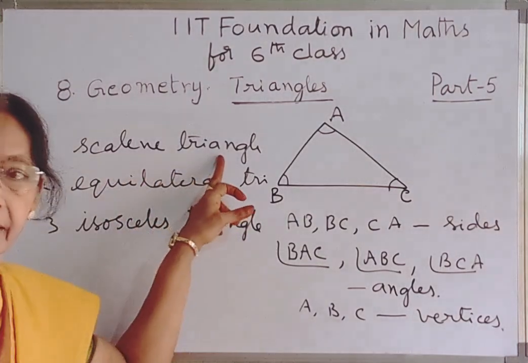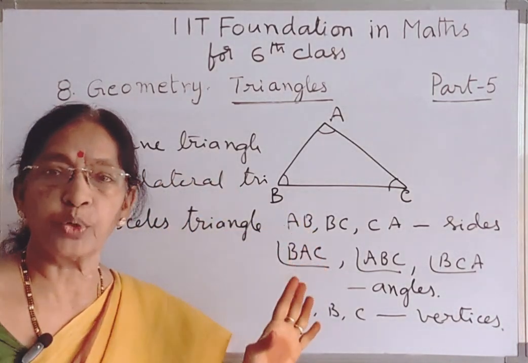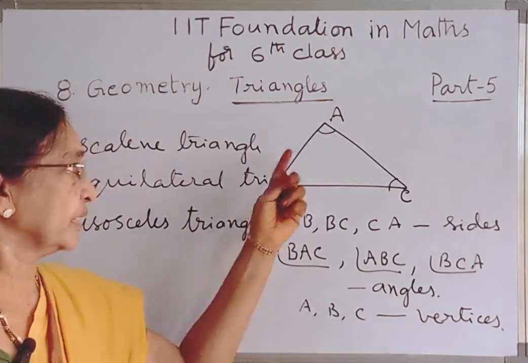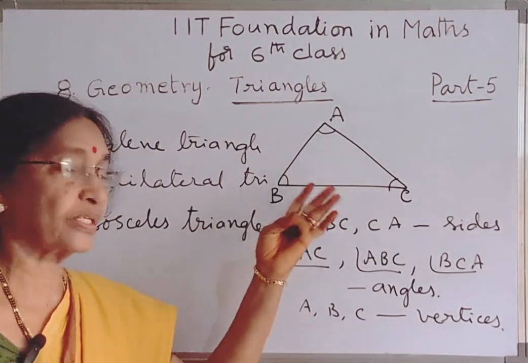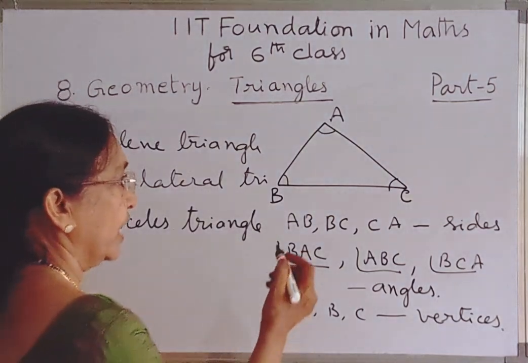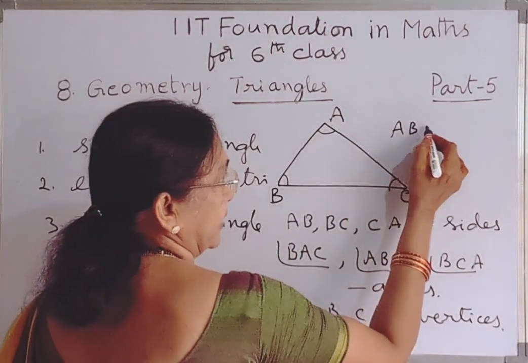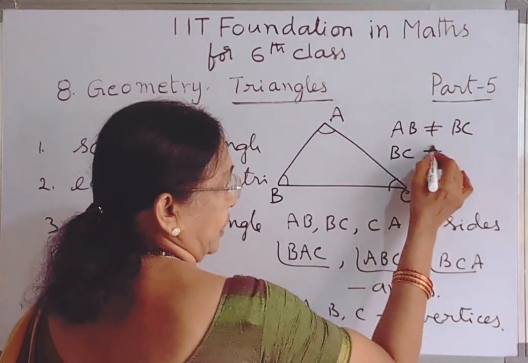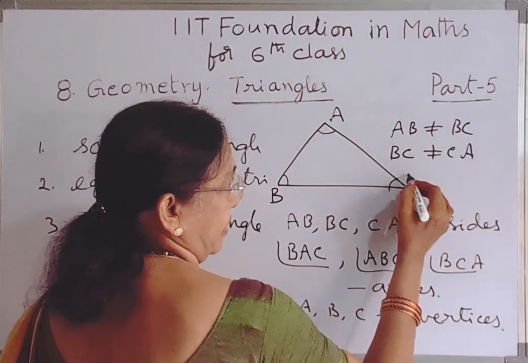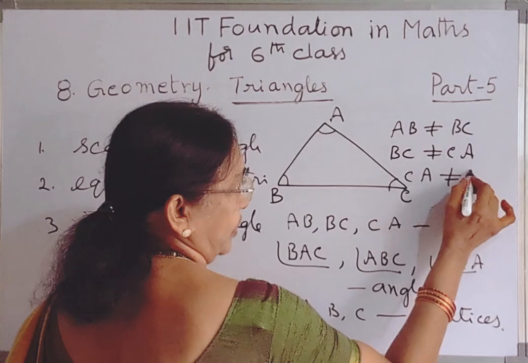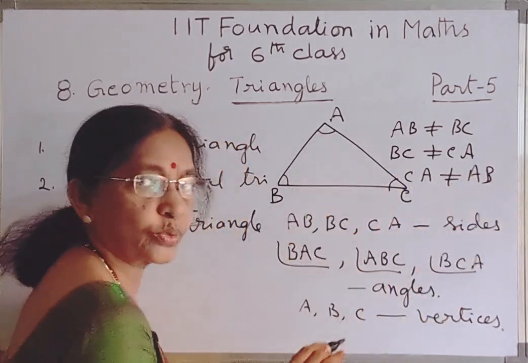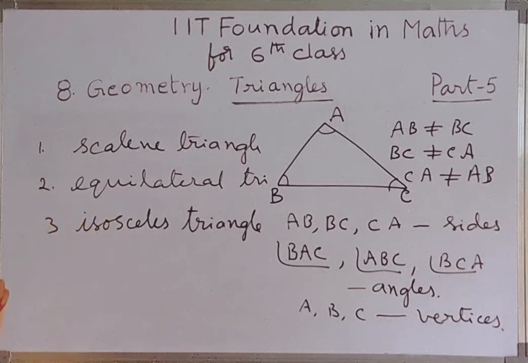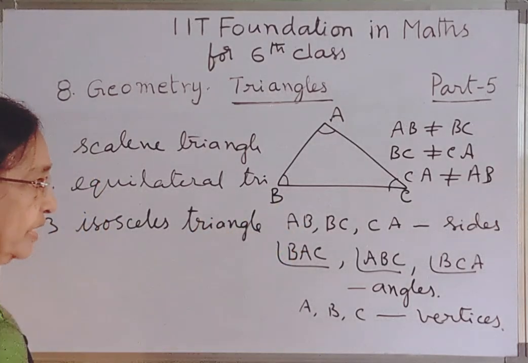A scalene triangle is a triangle in which no two sides are equal. The three sides of the triangle are different. That is, the length AB is not equal to BC, BC is not equal to CA, and CA is not equal to AB. Like that, no two sides are equal in a triangle. Then the triangle is called a scalene triangle. This is a scalene triangle.